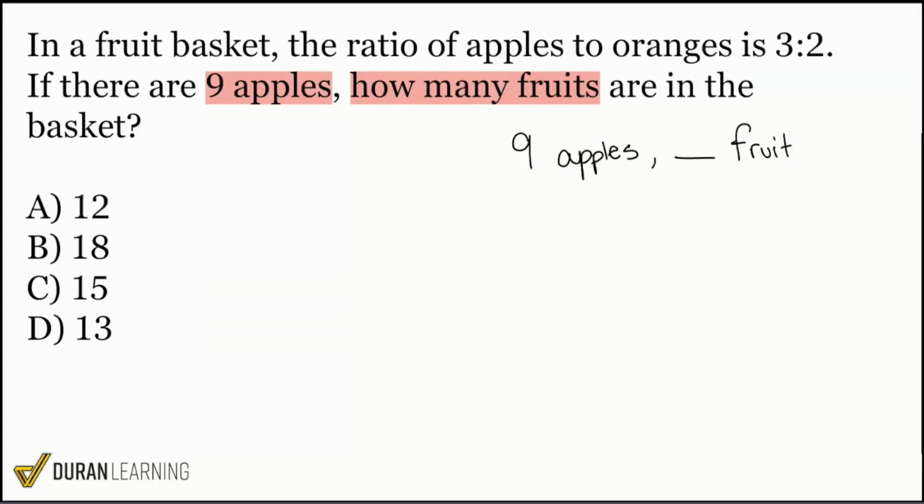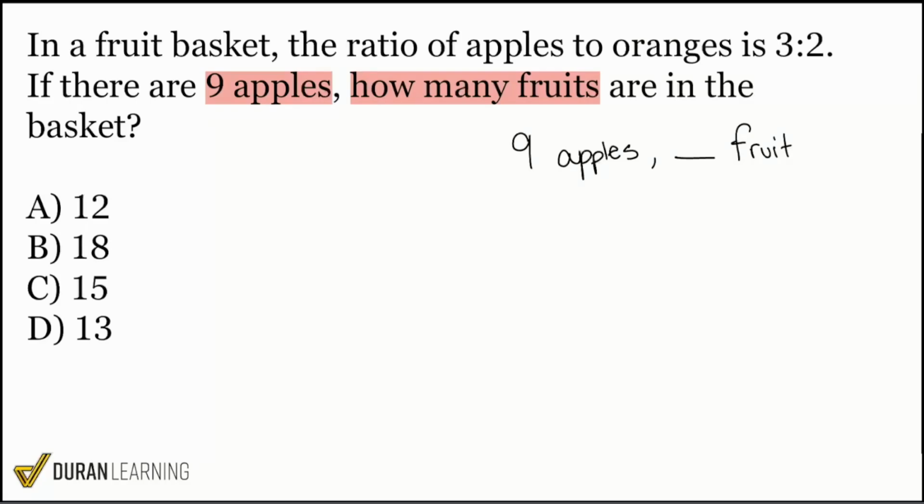Yeah, fruits actually means total. Because if we're saying, hey, we have this many apples, this many oranges, how many fruits are there? That means we're asking how many total fruits are in there. How many total apples and oranges are in there? Yes or no in the chat box, everybody. Does that make some sense to you personally?